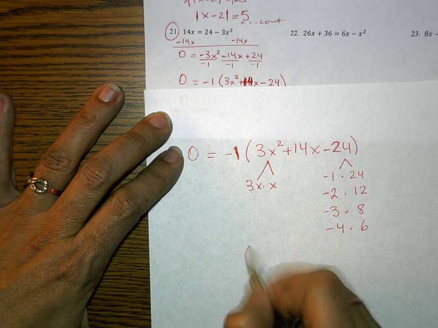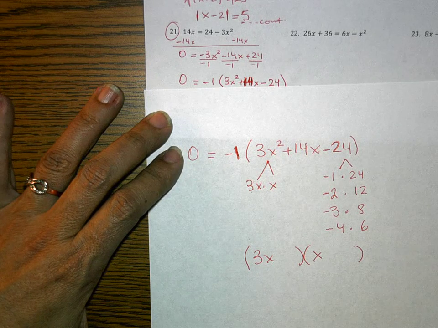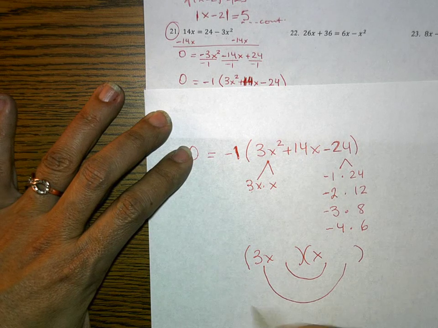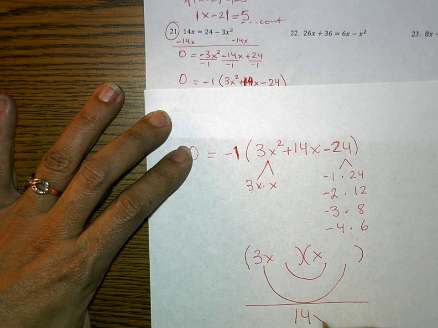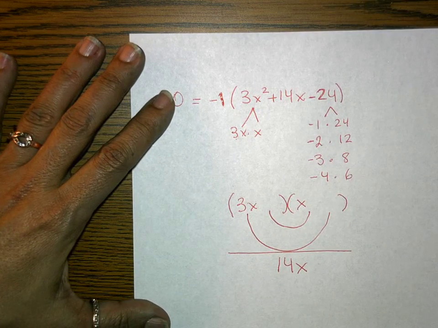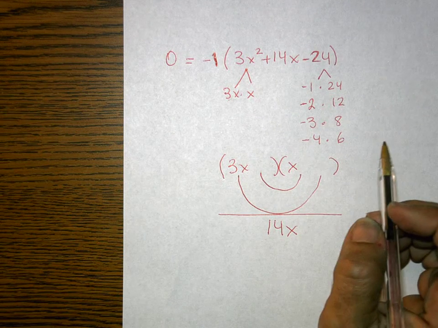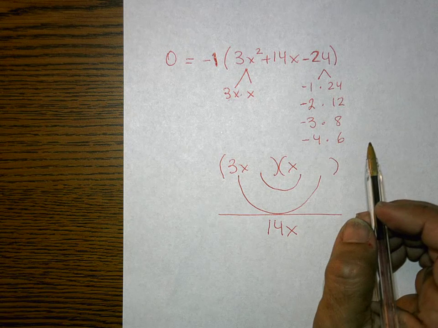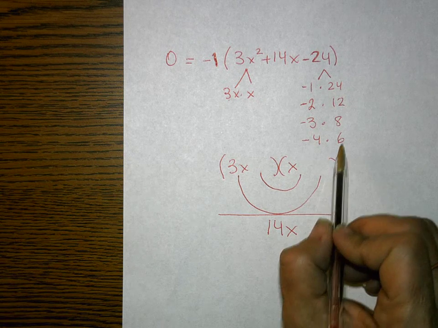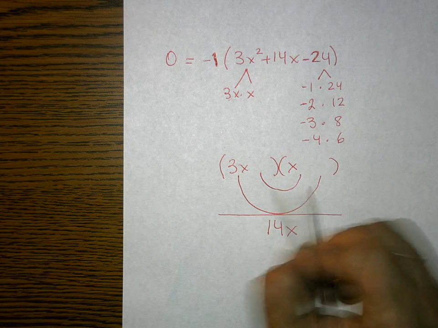All those are options. Let's just play with a few and see what we get. 3x takes preference right here on the beginning. Remember, whatever we put in here multiply, and here to multiply, you gotta add up to the middle term of 14x. I'm gonna do some mental math first, just to play with numbers here. 24 is too big to put it here on either way, so I'm gonna cross that one out.